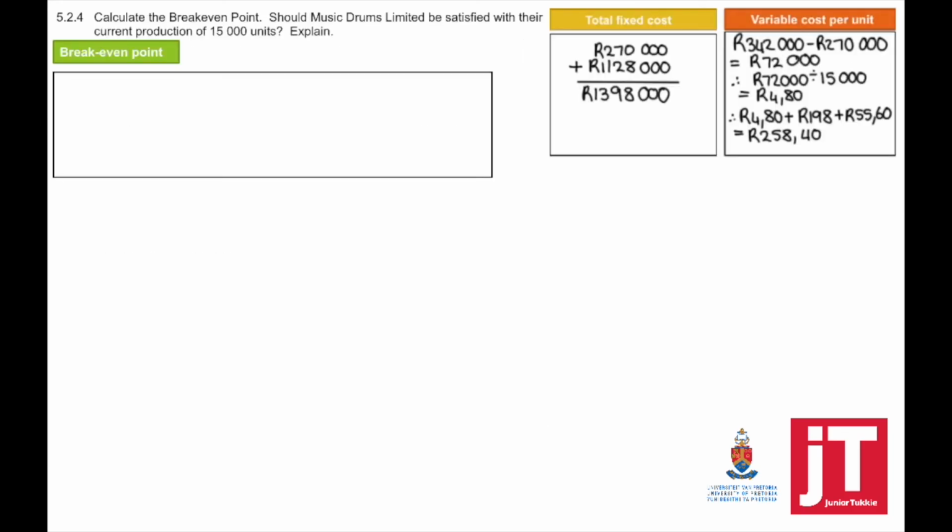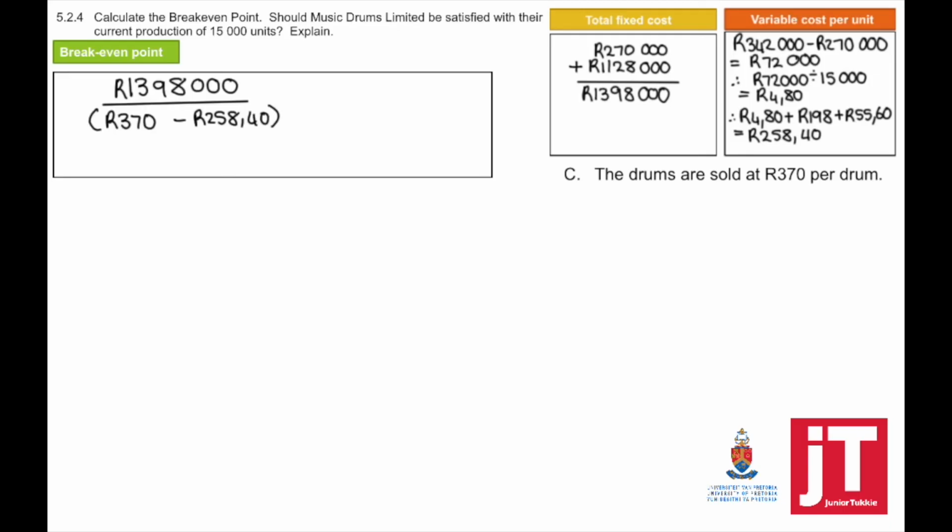Calculate now question 5.2.4, the break-even point. To calculate the break-even point, we're now going to use the figures that we've calculated in the previous question. It is the total fixed cost divided by the selling price per unit, per drum, minus the variable cost per unit.